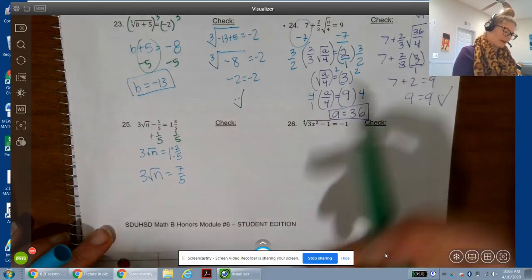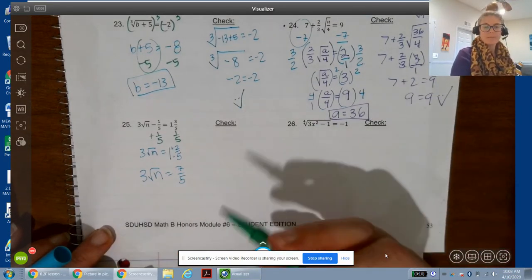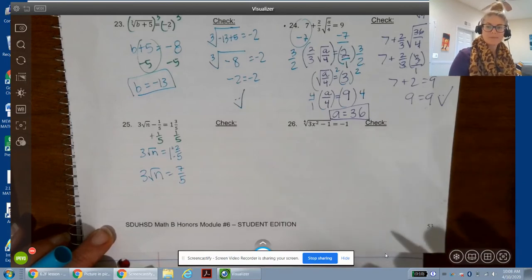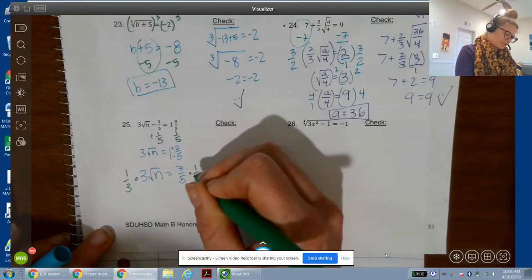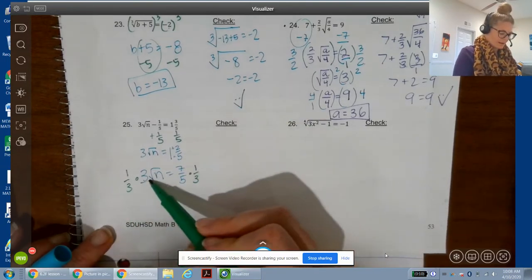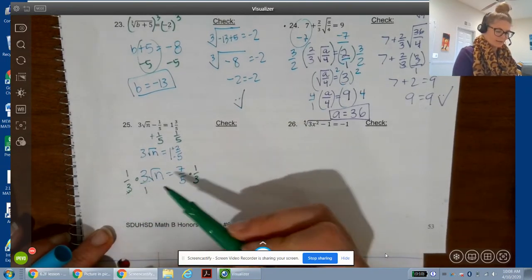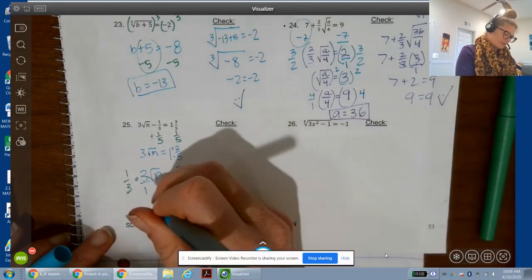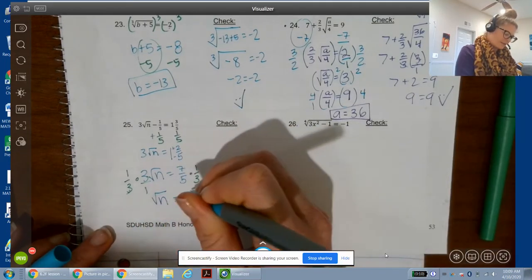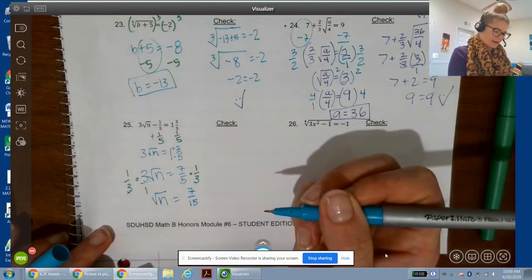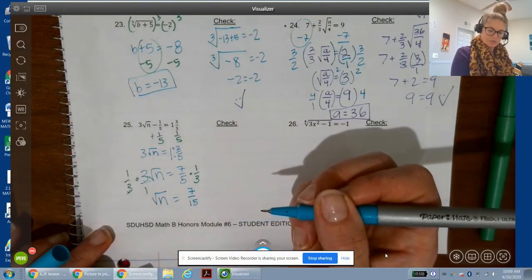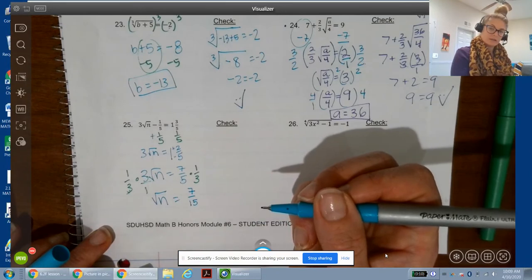From here, I'm going to divide both sides by 3. Remember, when you divide by a fraction, you're really multiplying by the reciprocal. So I'm going to show multiplying by 1/3. And again, that's just because these 3's cancel out. So now you'll have the square root of n is equal to 7/15. And how do you undo square rooting?